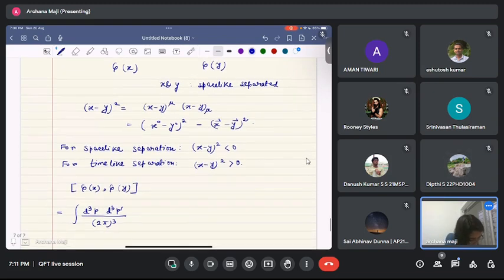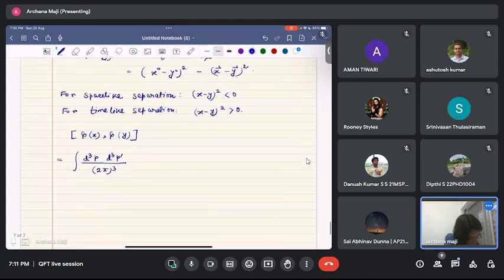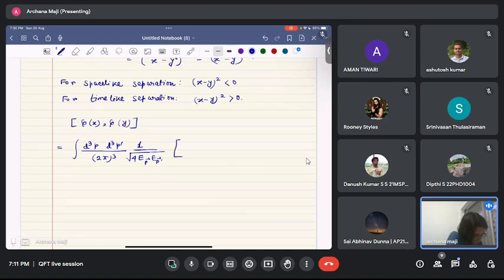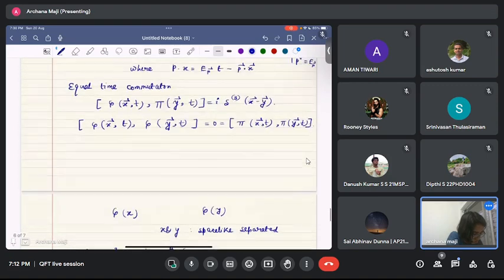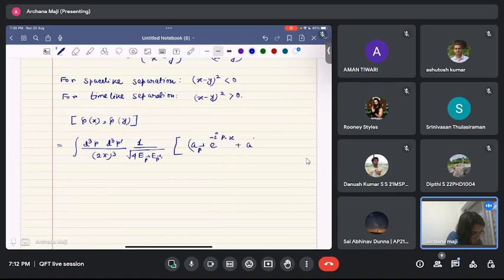So this is equal to 1 over the square root of 4 E_p E_p prime. Then the commutation between a_p exponential of i p dot x plus a dagger exponential of i p dot x, comma a_p prime exponential of minus i p prime dot y plus a dagger p prime exponential of i p prime dot y.